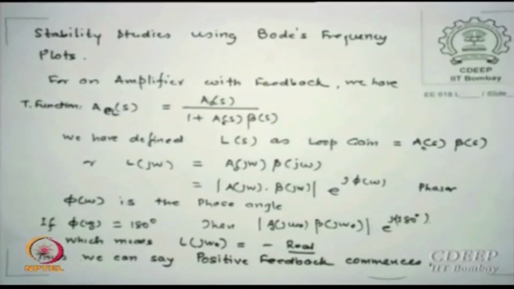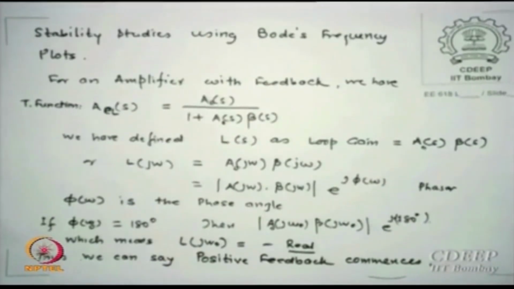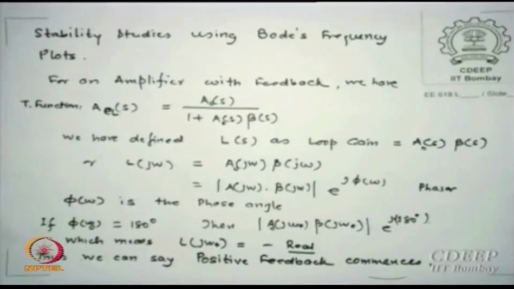Now if you can see what is happening, if this quantity is negative and real, which is what this phasor is telling me at a given frequency, I am just trying to recapitulate what we did or did not do correctly, or what you learned in second year. The reason why I am interested in doing this is because ultimately there are a number of ways stability criteria can be tested for any second or third order transfer functions.